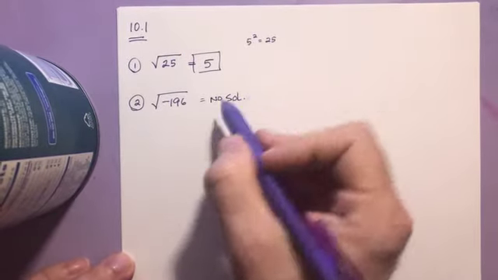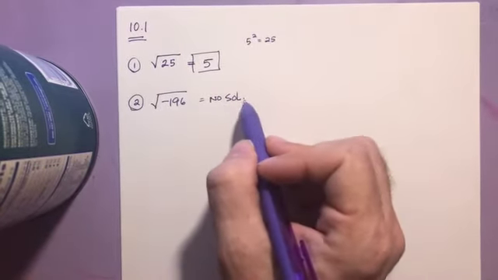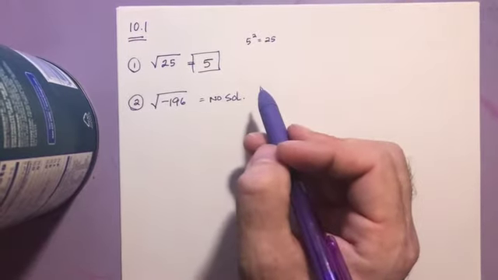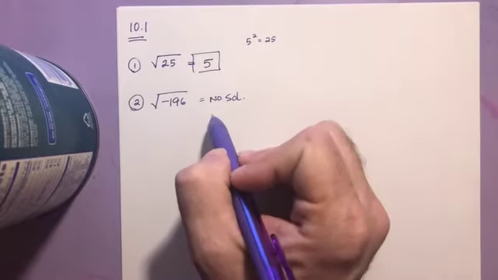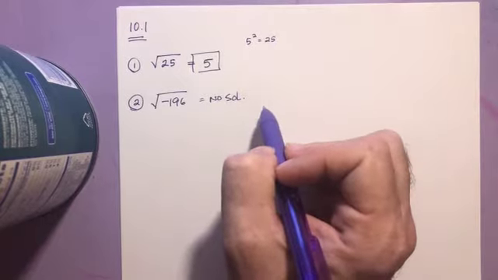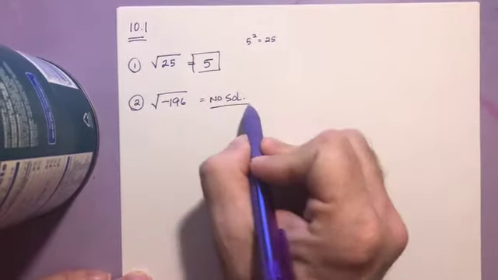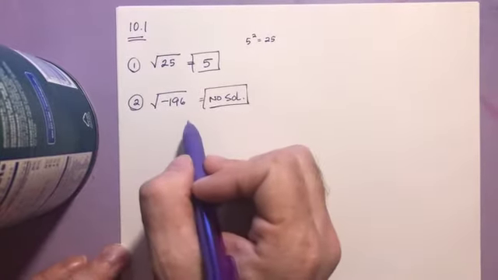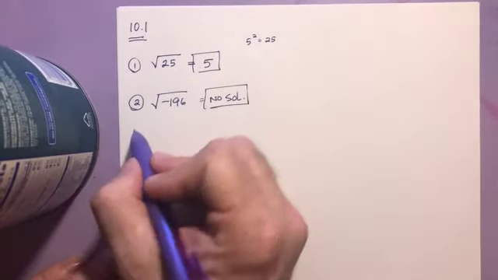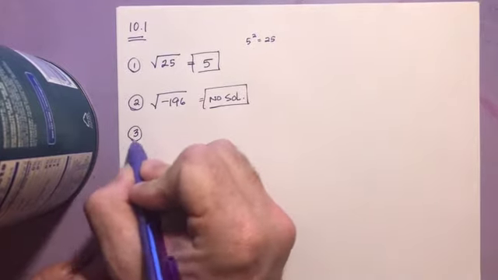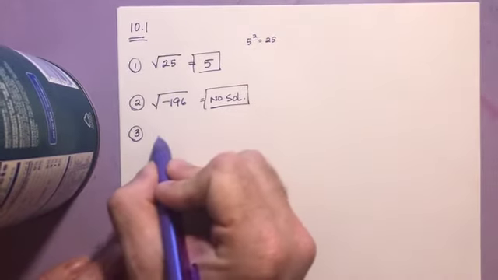Because if it was a positive number times itself, there would be positive times positive, and that would be a positive answer. If it was a negative number, it would be a negative times a negative, and that would be a positive answer as well. And the answer is negative. So it's not possible to take the square root of a negative number in the real numbers. When you get to college algebra, you'll look at something slightly different.